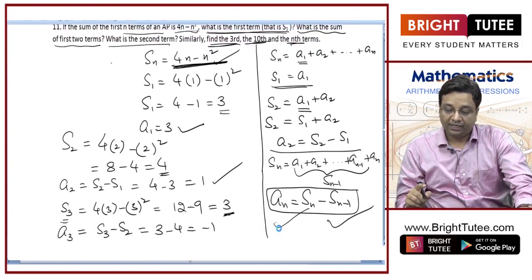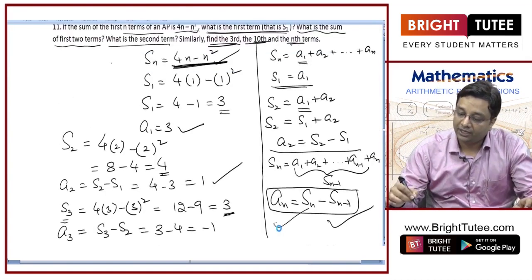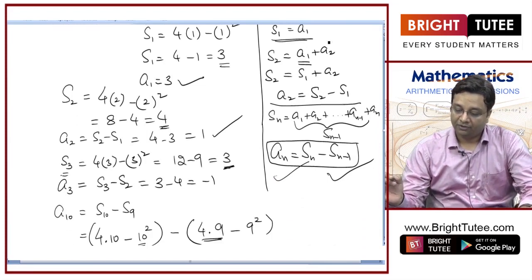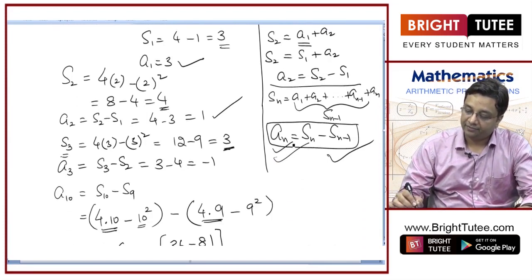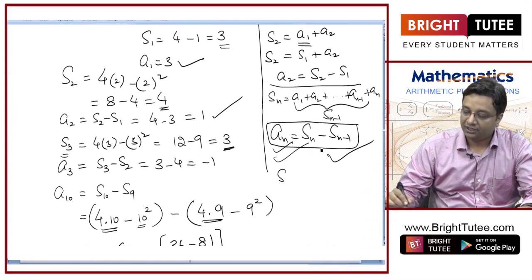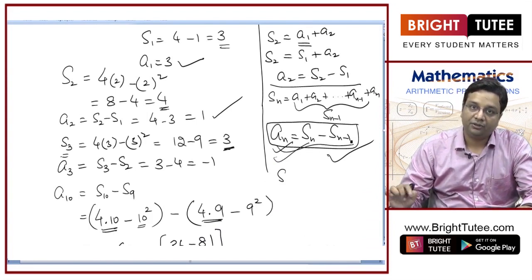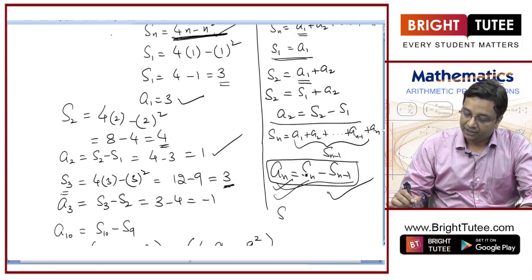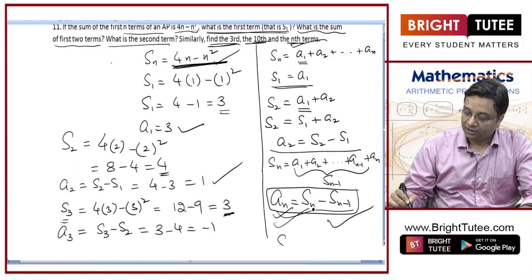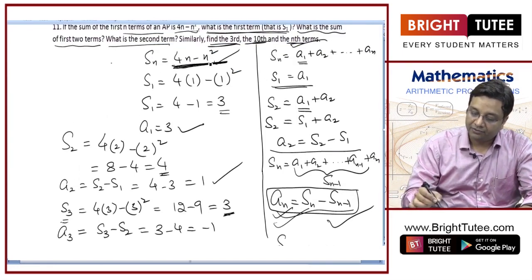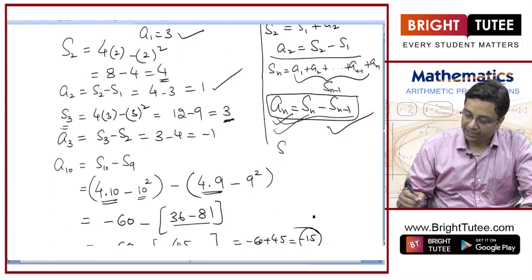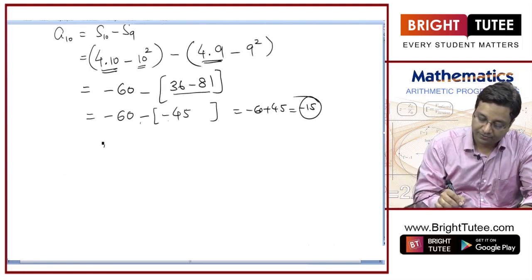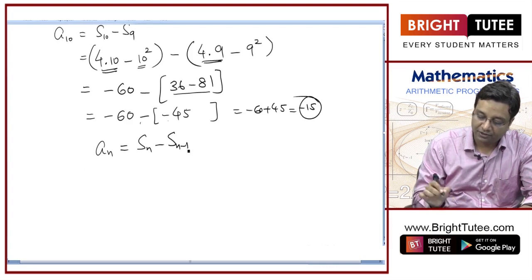So now the next part of the question wants us to calculate nth term. What is nth term? An, right? What is An? It is, obviously I have written this formula already. An is equal to Sn minus Sn minus 1. So I just need to replace this formula here. So An will be equal to Sn minus Sn minus 1.